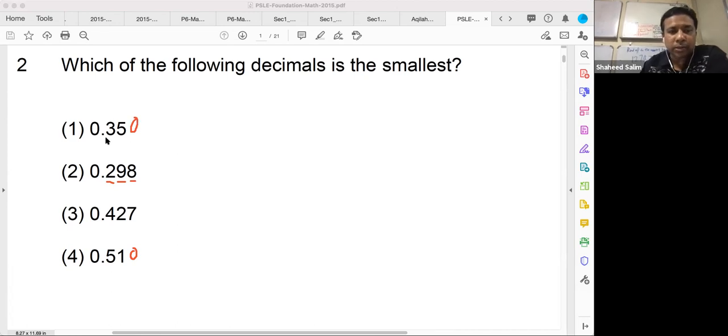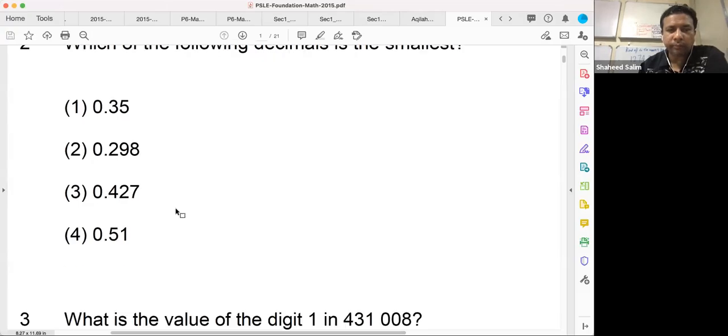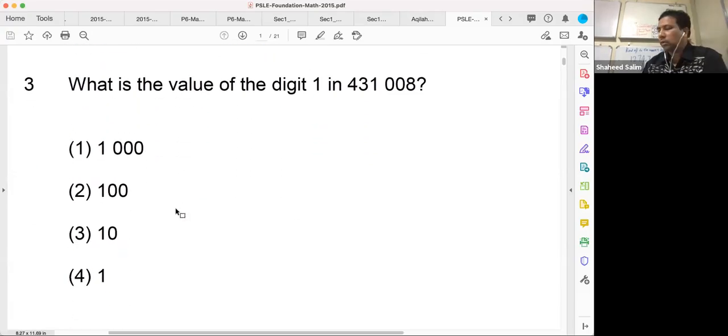Look, this one 350, 298, 427, 510. Which one is smallest? 2. So be careful, it's right here in front of you. Okay, hold on, we'll move on. Okay, try this one.